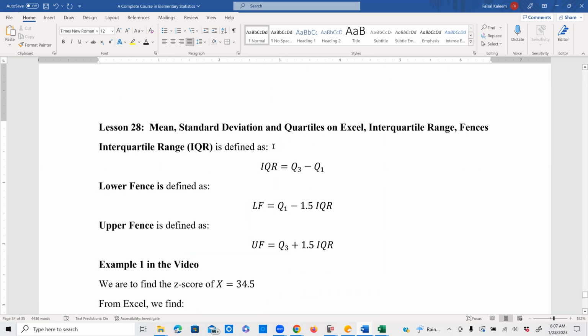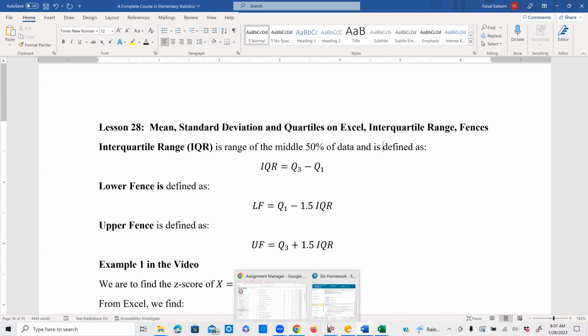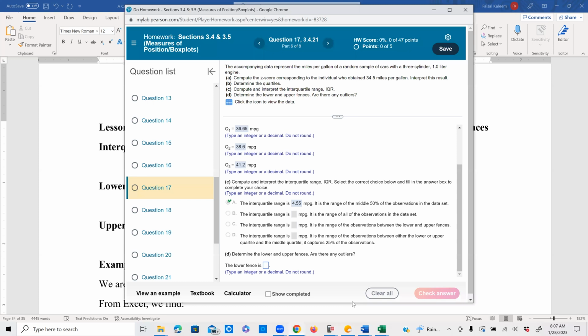So let's see. It is the range of the middle 50% of the data, and is defined as follows.